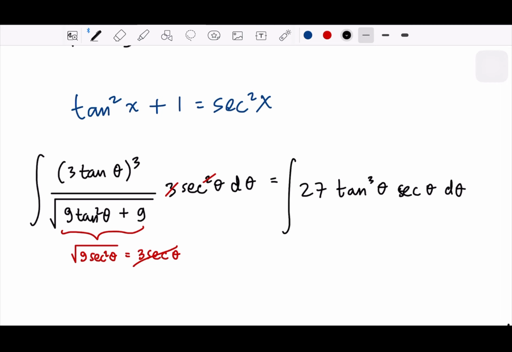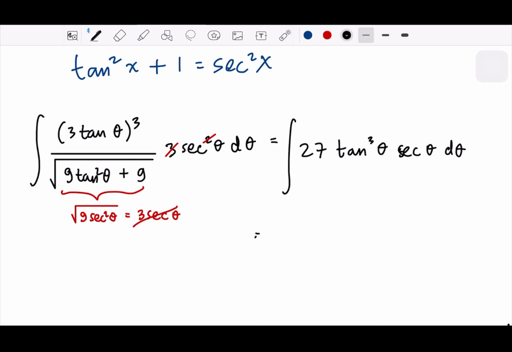And then again, we have a trigonometric integration, right? We have a tangent and secant. Remember, when we have an odd power, so this is 3, this is 1, right? What we need is to separate these and make secant theta, okay? Make secant theta.